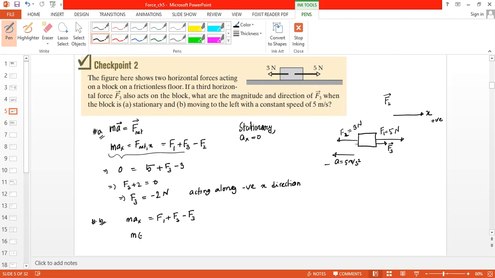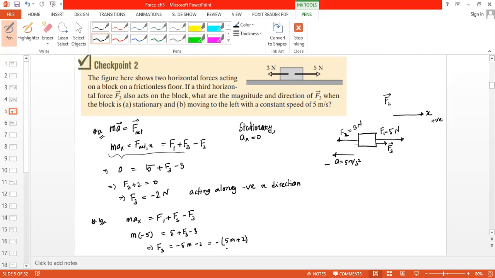So M A x equal to -5M equal to F1, which is 5, plus F3 minus 3. So that means my F3 will be equal to -5M minus 2, that is -5M plus 2... so this should be the value of F3.